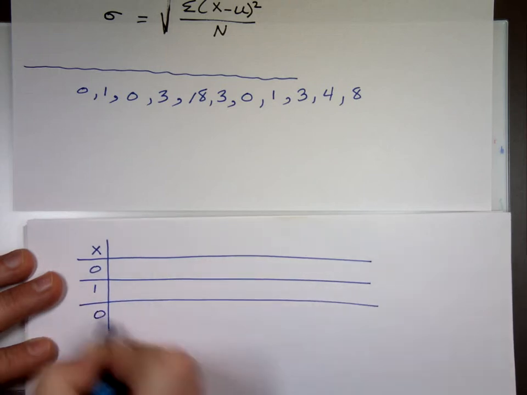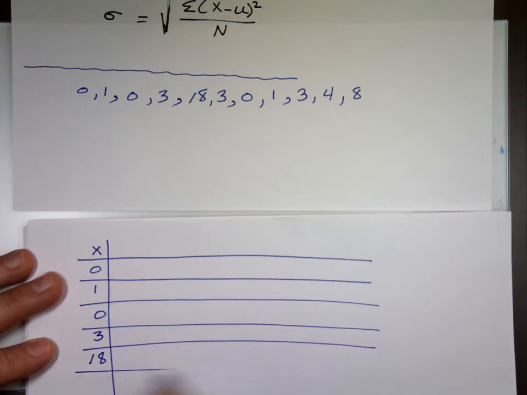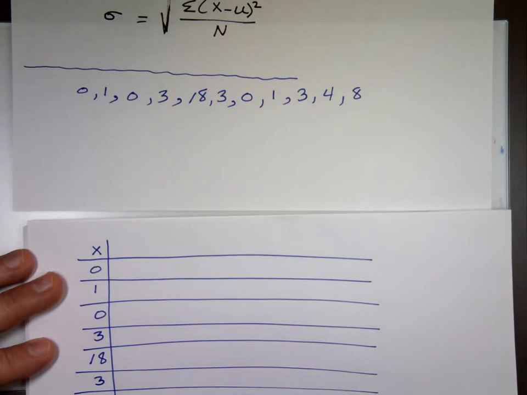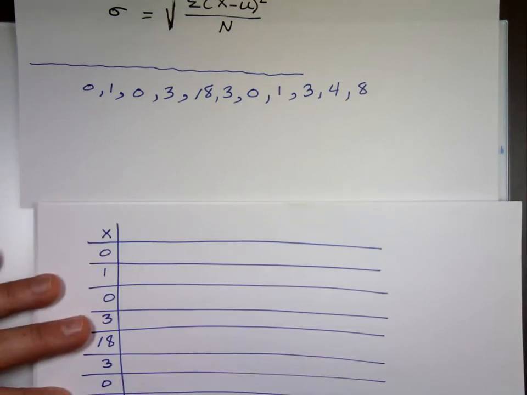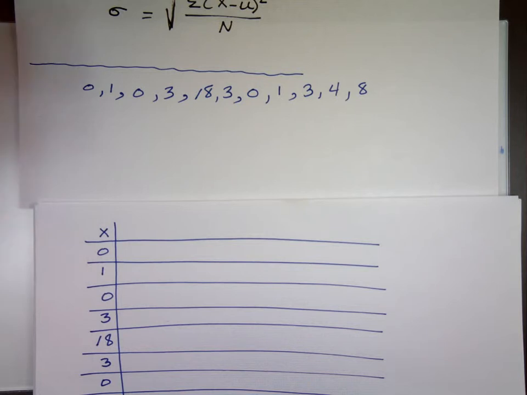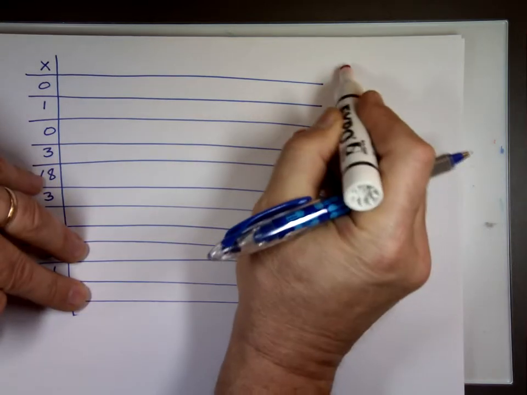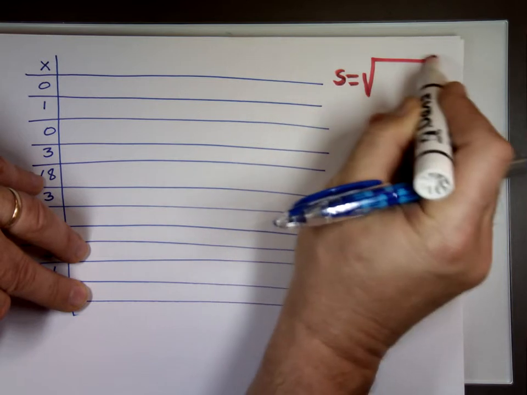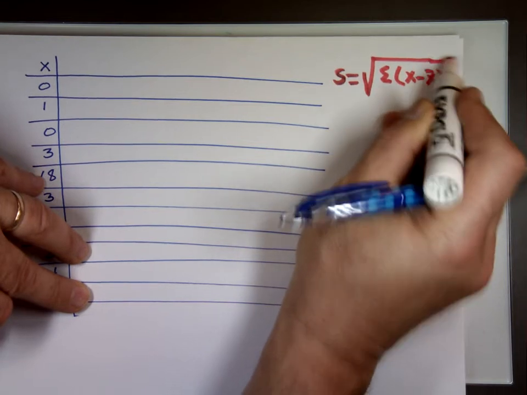Doesn't matter if I put them in order or not. 3, 18, 3, 0, I'll move it up shortly. 1, 3, 4, and 8. And again, let me write the equation I'm going to be using. So you'll see it. S equals the square root of the summation of x minus x bar squared over n minus 1.